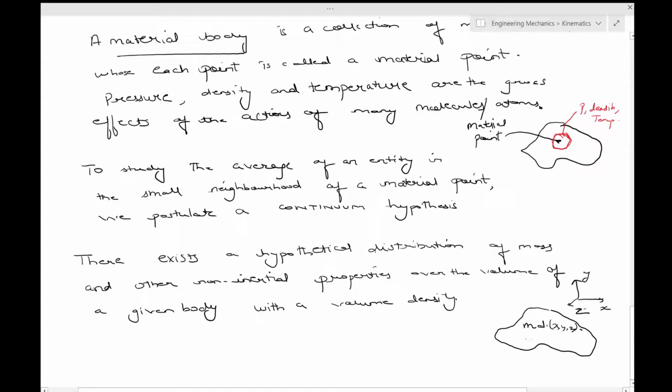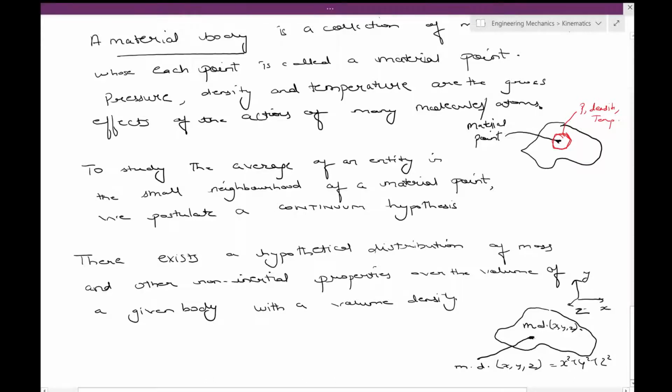So at any given material point like this, if you know the coordinates of that material point, the mass density can be said to be whatever the function is. Maybe it is x squared plus y squared plus z squared, just the easiest function I could think of.